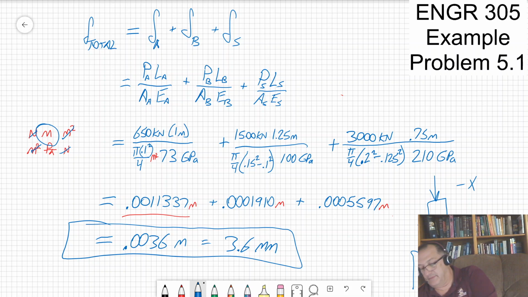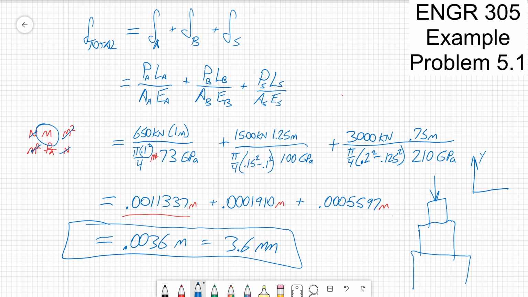They threw a negative y, pick your coordinate system. So that force was negative, so that caused the answer to be negative because the force was down.